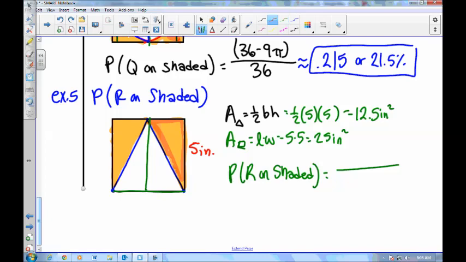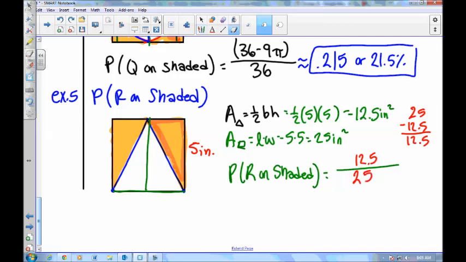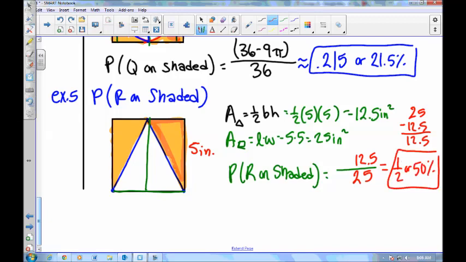Like we did before, 25 minus 12.5 gives us 12.5 divided by the area of the total. What's the area of the total? 25. And that simplifies to what Stiles noticed right off the bat. What's 12.5 divided by 25? 0.5, which is 1/2, or 50%. Okay? Which means there's also a 50% chance it lands in the white triangle.